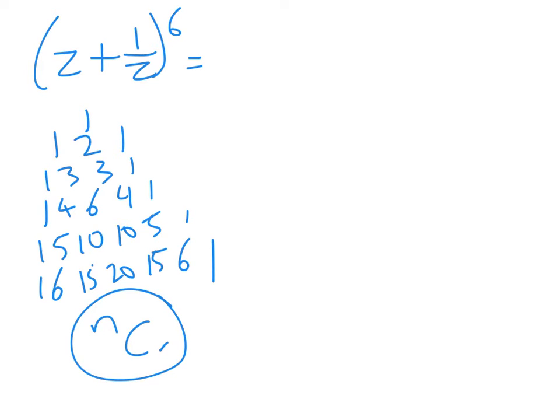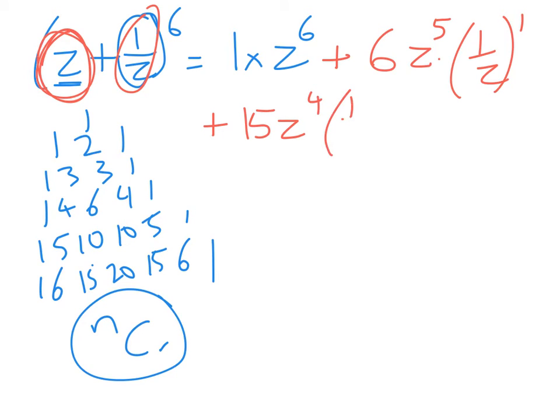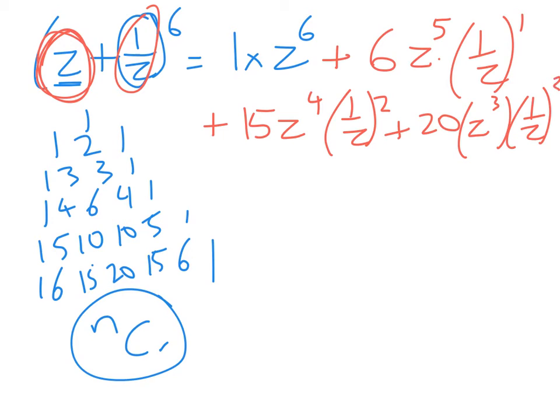So here it's going to be 1 times this first bit to the power of 6, and then none of those, plus next coefficient 6 times z to the power of 5 times 1 over z, and that's to the power of 1. Remember, we're grabbing 5 of those and 1 of those. Right. Next, 15 times z to the power of 4, 1 over z squared, plus 20 z cubed times 1 over z cubed.